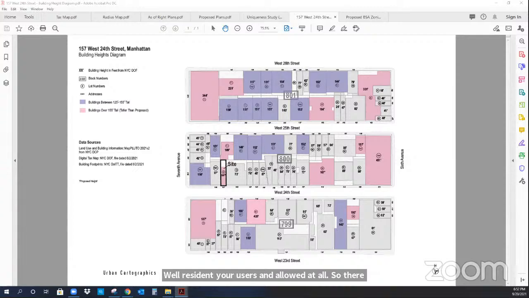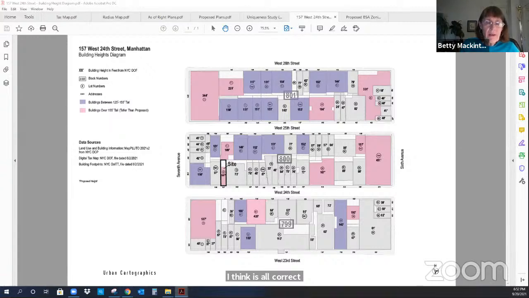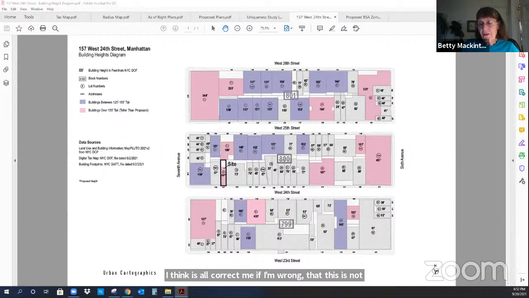So we'd have to present that to the BSA as additional bonus floor area if we were to include inclusionary housing. I don't know how they would look at that. I think, Paul, correct me if I'm wrong, that this is not an inclusionary housing area, so therefore inclusionary housing is not an opportunity.